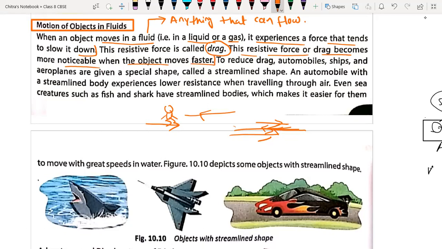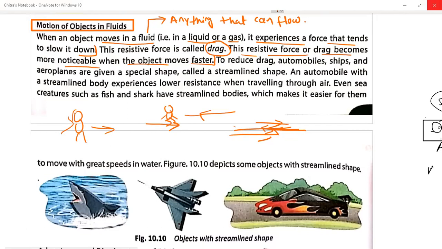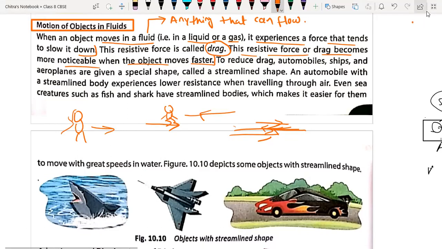Suppose you are standing at one place, you won't feel the air, but if you run fast, you will feel the drag of air. Suppose you are sitting on a train and sensing the air from the window, you will feel the air flowing very fast. It is due to the drag only.